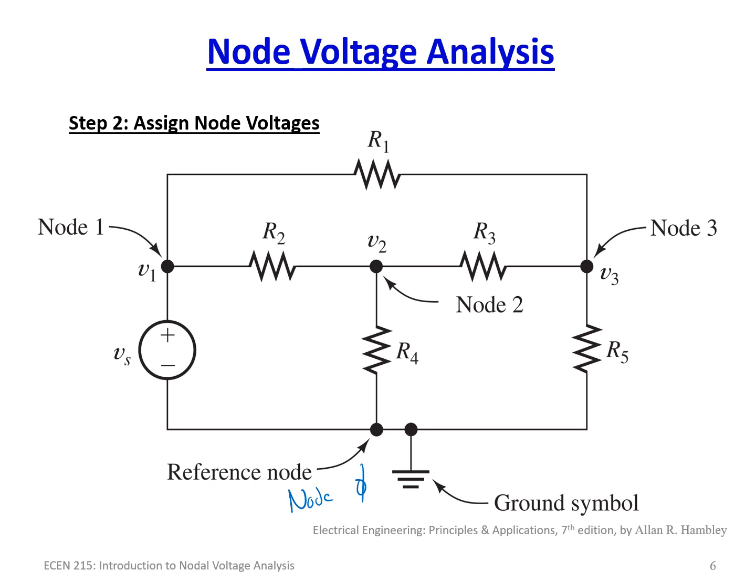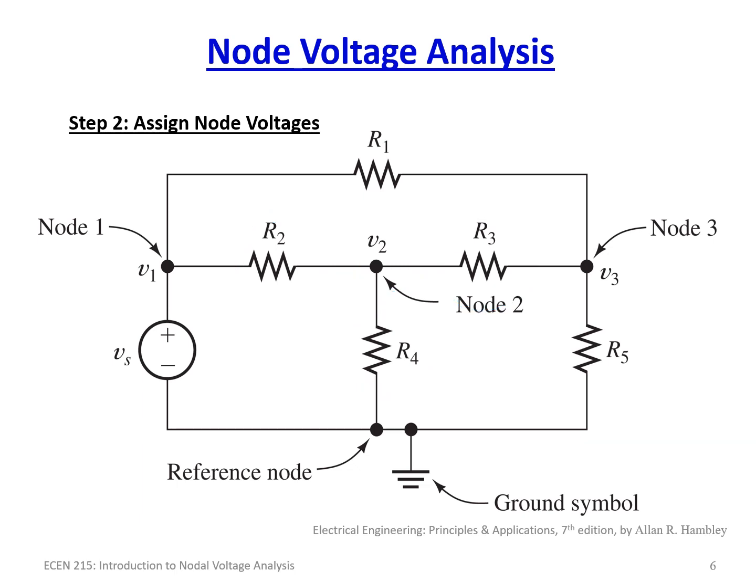So in this example, we have our reference node. We have node 1, which is where these 3 elements are connected together. We have node 2, which is where this one and this one are connected together.